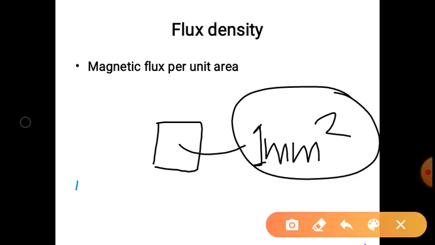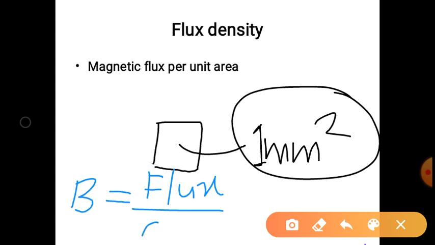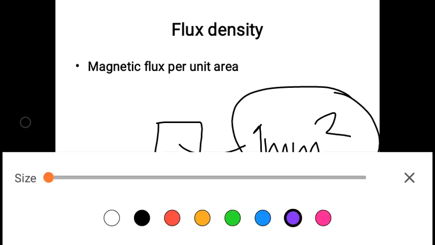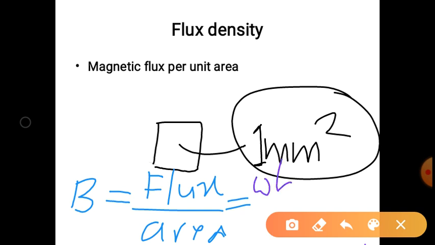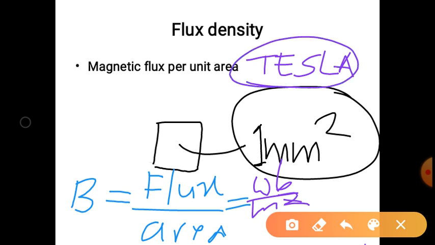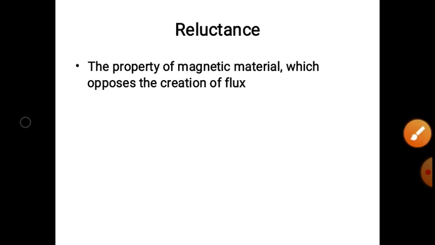It is represented as B and the unit of flux density is nothing but flux divided by area. So the unit of flux is Weber and area is meter square. It is Weber per meter square or Tesla. It is the unit of this flux density. So we'll move to the next concept.